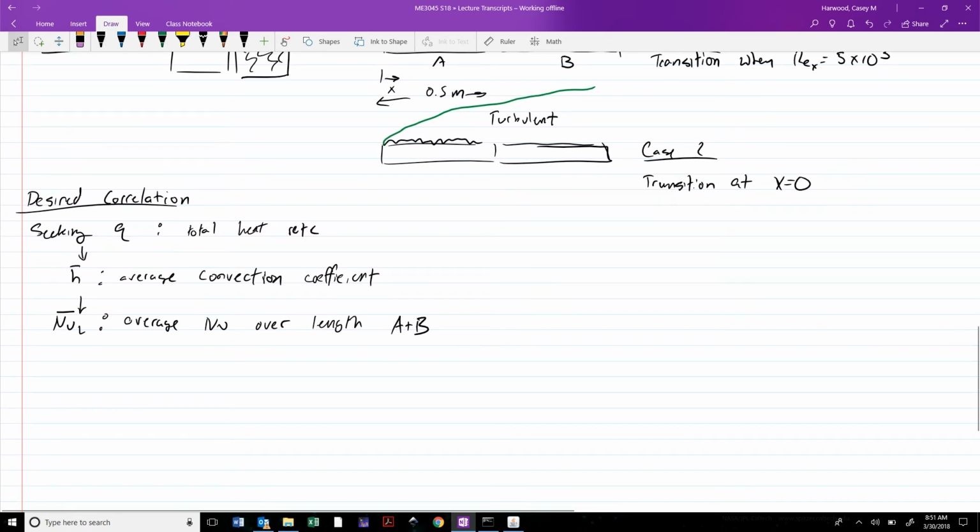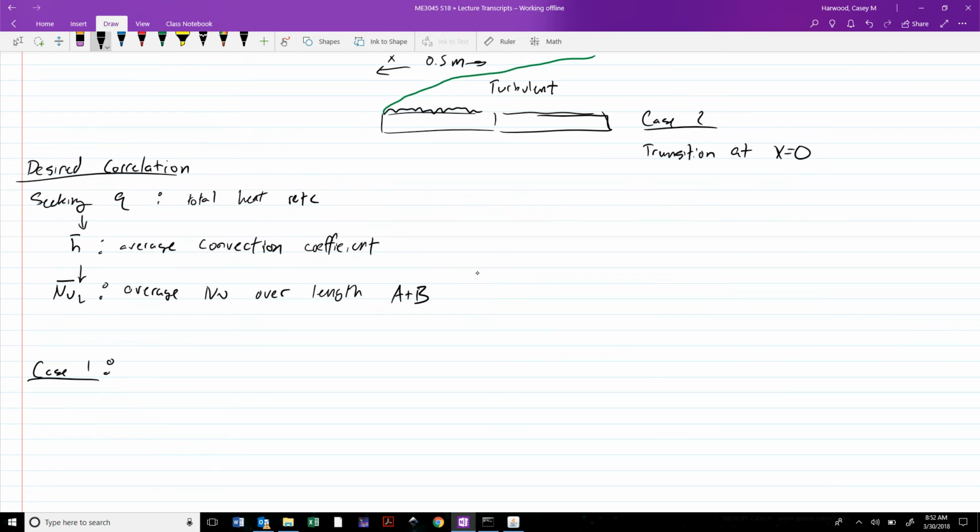So, well, I guess I just wrote it down a moment ago. For case 1, where we have that natural transition when Reynolds number is equal to 5 times 10 to the 5th, this basically means we use the Nusselt number based on L, which is h bar L times L over k_f.